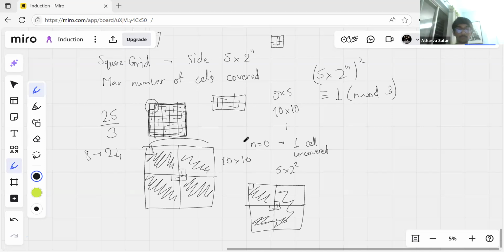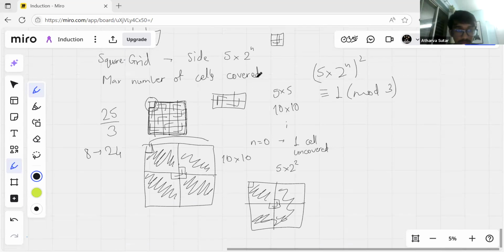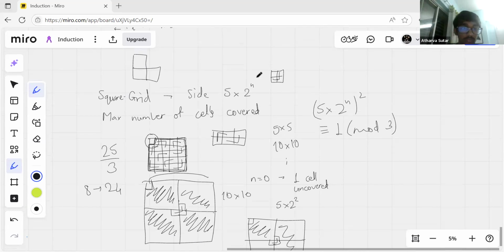Okay. So I'll move on to the next problem. You guys might have seen this before. Why? The tile itself is covering 3 cells. The tile is a domino, right? So this will always cover exactly 3 cells.